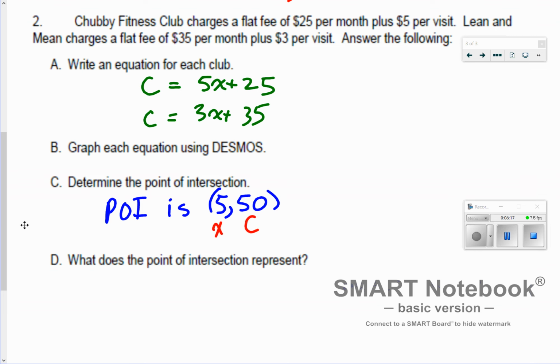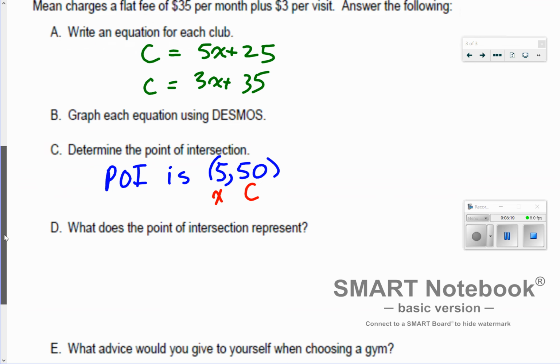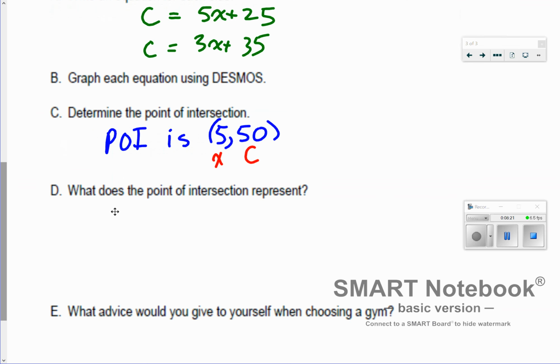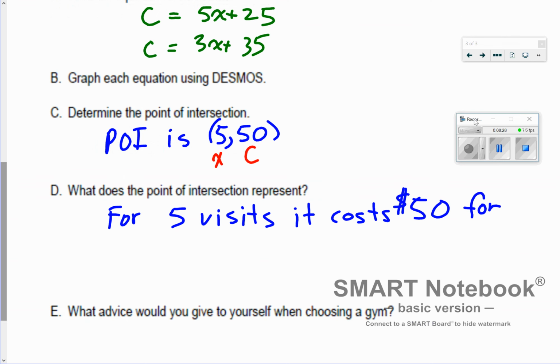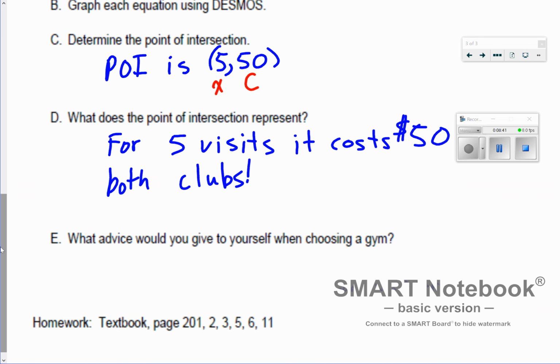What does the point of intersection mean? It means the following. For 5 visits, for both of these businesses, it costs $50. And that's for both clubs. So now, what advice would you give yourself?